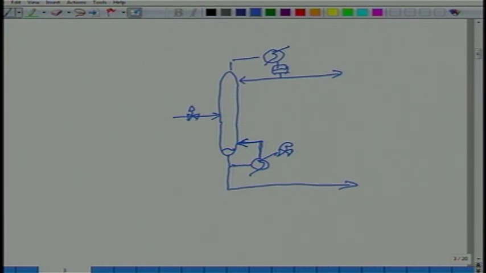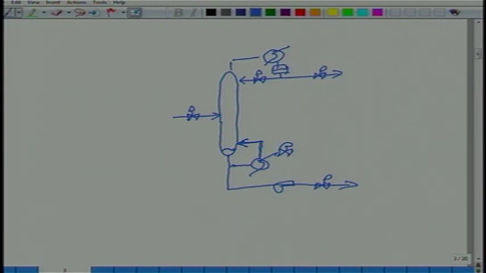Of course, you have got to draw more or less, you have got a pump here and of course a valve here. And of course, you have got a pump here which I am not showing, you have got a valve here and you have got a valve here.